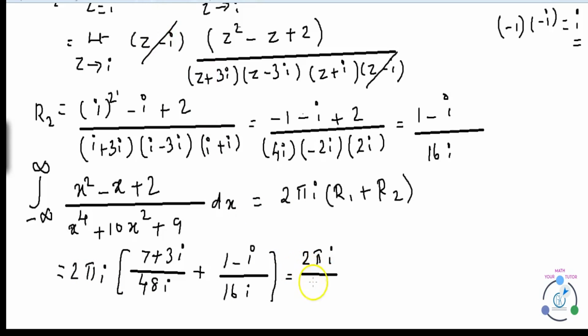Taking i common from the denominator and taking the LCM of 48 and 16, we get the LCM as 48.